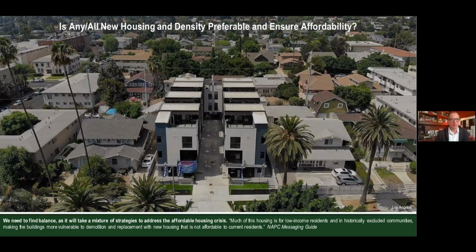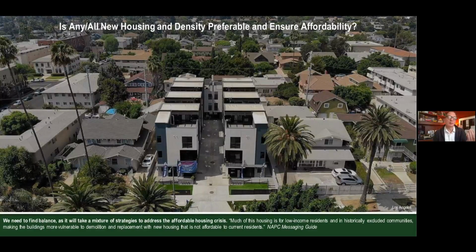This brings up the question of, is any and all housing and density preferable to ensure affordability? And I think as you see it play out on the ground, this is where the rubber hits the road in terms of what we're seeing. I know I'm showing various examples. Some are egregious, some are extreme, although this is pretty typical, quite honestly, certainly in the city of LA, that we are seeing on a routine basis in the types of new housing being developed.